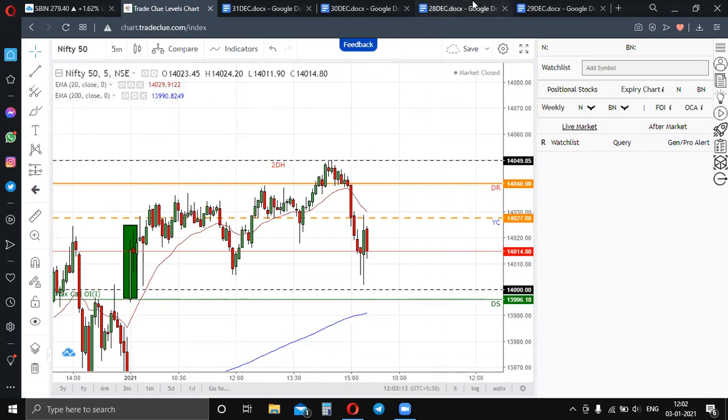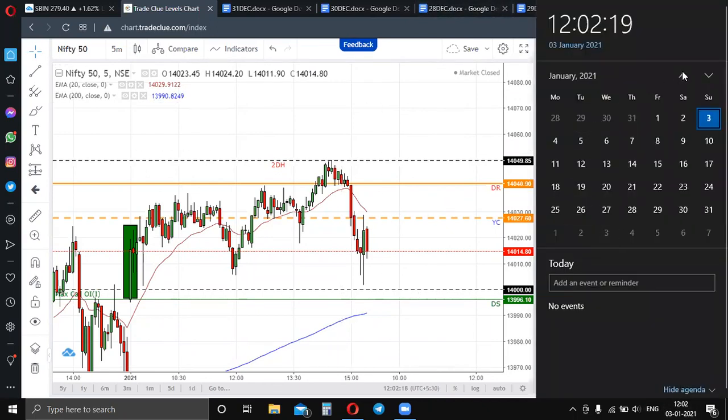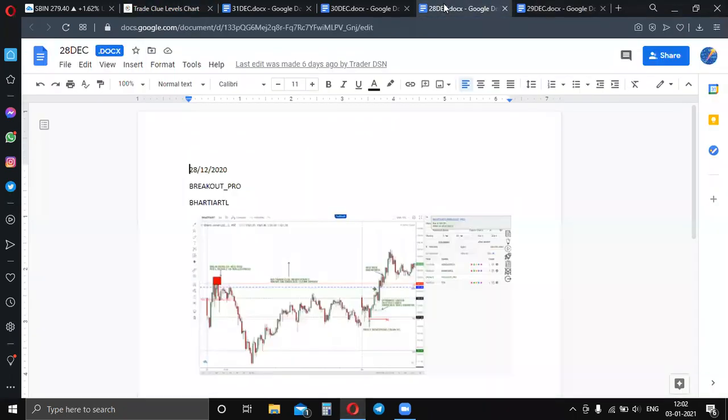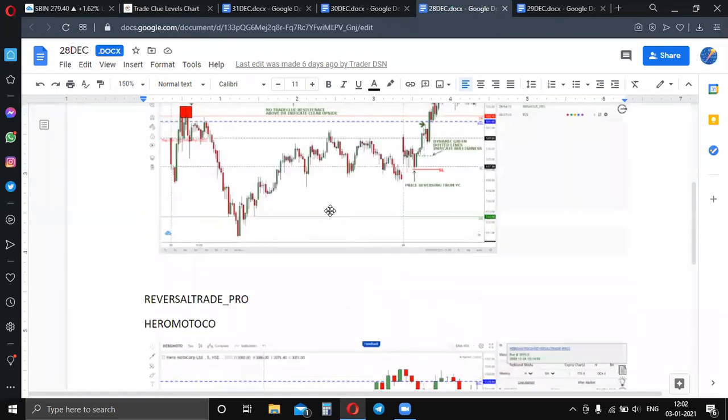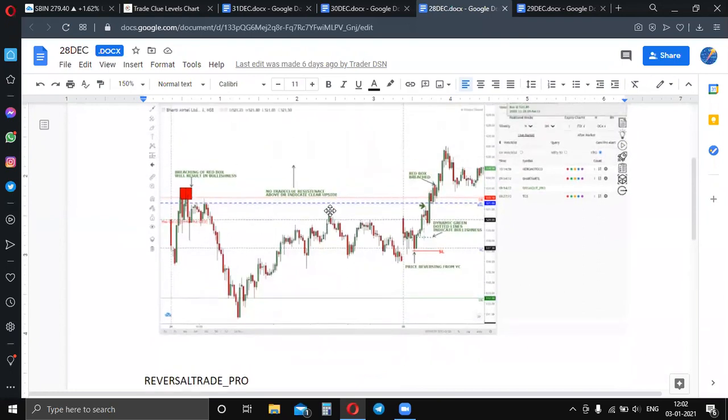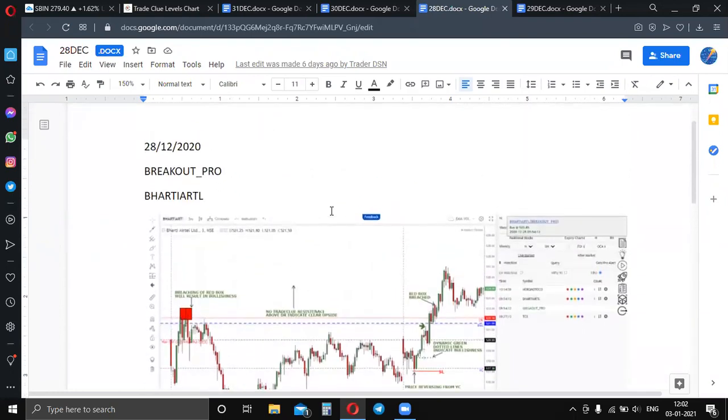Thanks. Now, let's go quickly to the Monday trade. That was the 28th. On the 28th, we got this breakout pro alert already, Bharti Airtel.